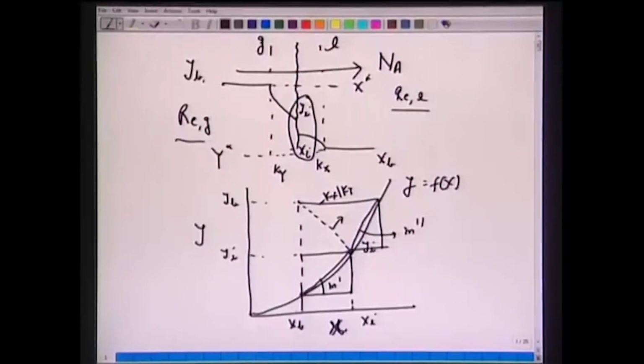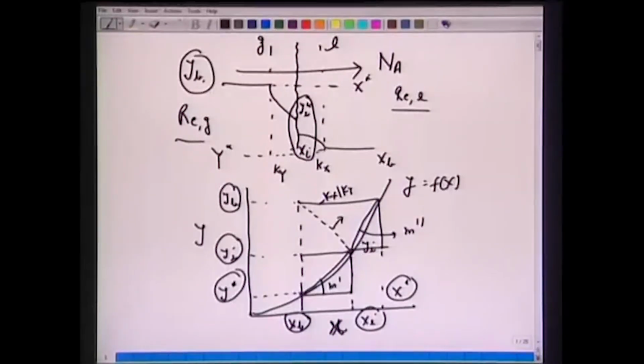So equivalent to this xB, we can also have, as we said earlier, y star, and equivalent to this yB we can have x star. Okay, so xB, xi, x star, and we have yB, yi, y star. So go back to the previous yB, yi, xi, we have xB, and equivalent to this yB we have x star in equilibrium with yB, and equivalent to this xB, in equilibrium with xB, we have this y star.